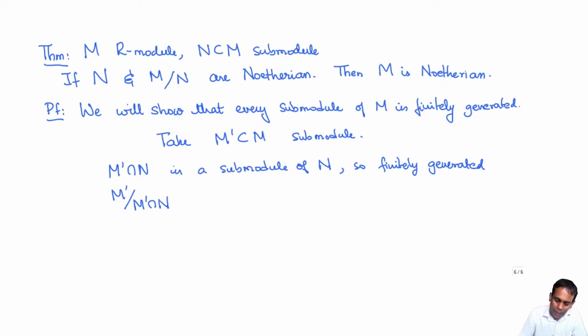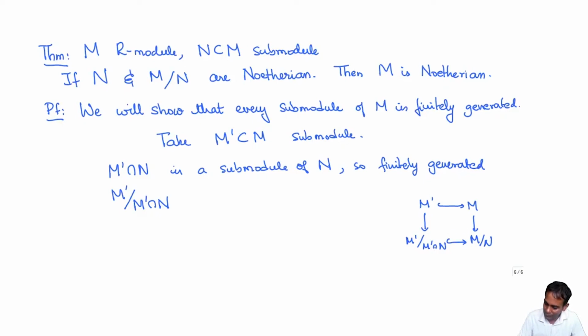Now the inclusion map of M prime into M, so you have M prime goes into M. It's just a submodule, so I just take the inclusion map, and then I have M mod N, the quotient map, and I have the quotient map M prime mod M prime intersect N. And it's not hard to show that this is an injective map.